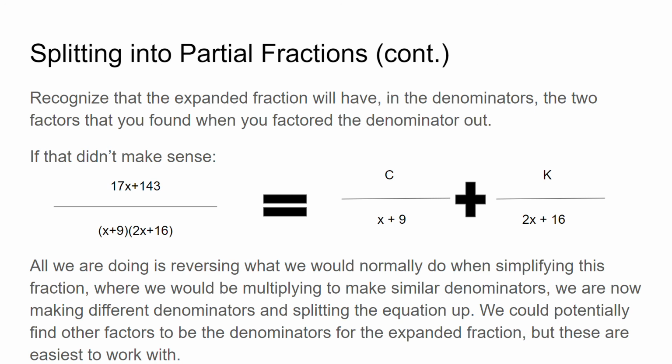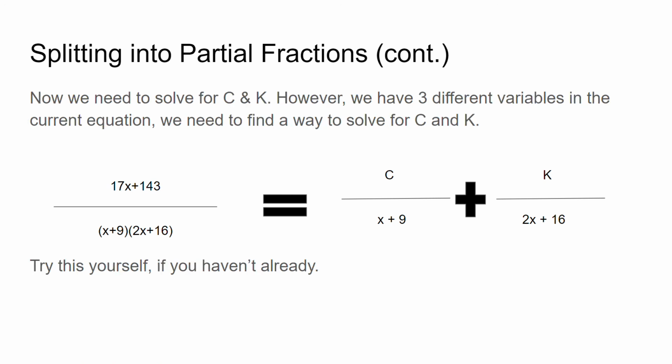The following steps might be a bit more complicated, and this is really the heart of this topic, I think. As I mentioned earlier, you need to solve for C and K, but you have 3 variables in this equation, which means you can't really solve for any one of them unless you cancel some of them out. And there's no obvious way right off the bat that we can cancel any big terms.